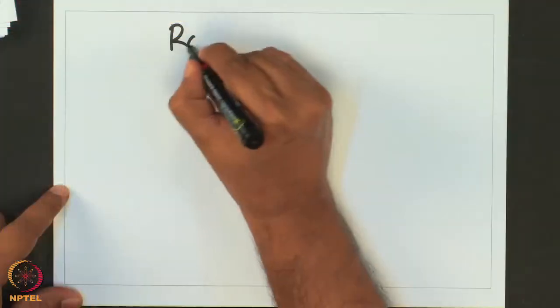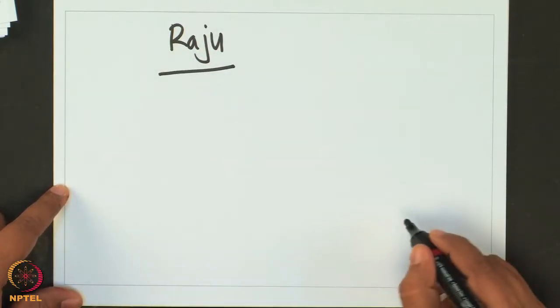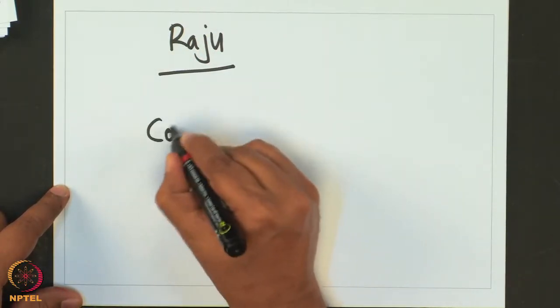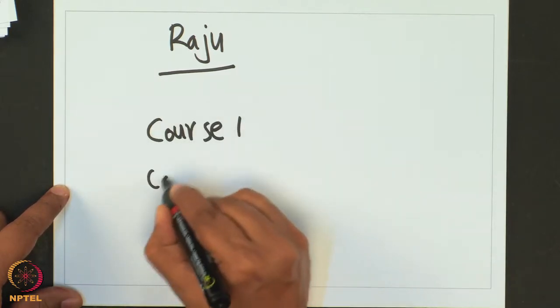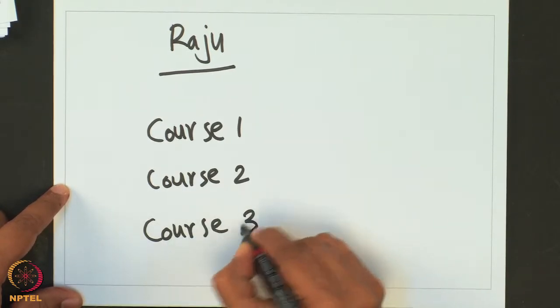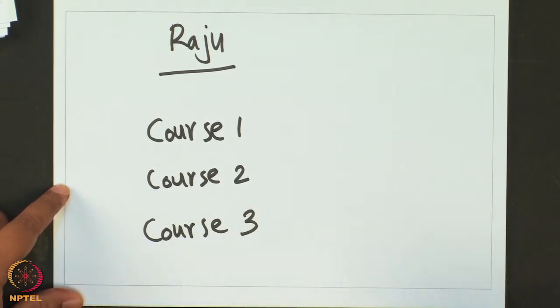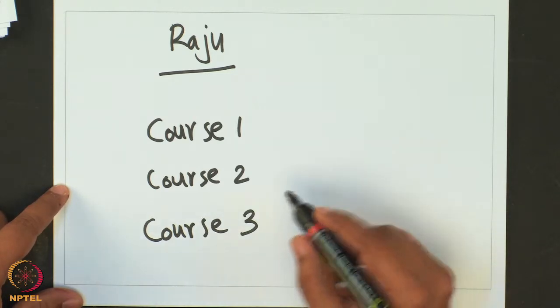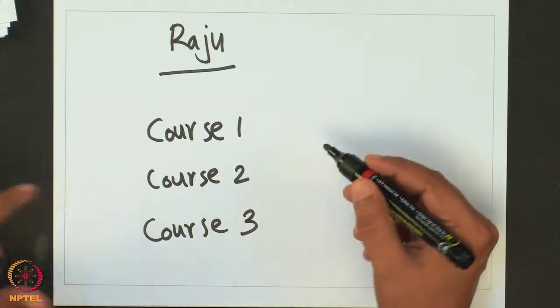And you are telling somebody the average mark. So let us take a person whose name is Raju, and this person had 3 courses, course 1, course 2 and course 3, and let us assume that he got marks in these courses as follows.